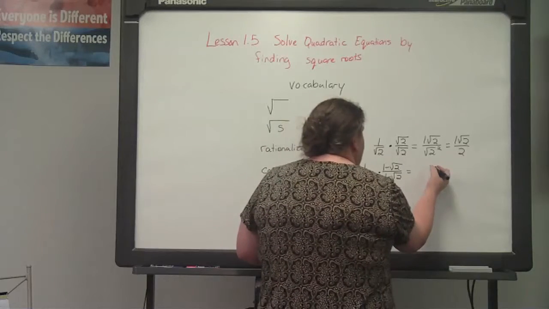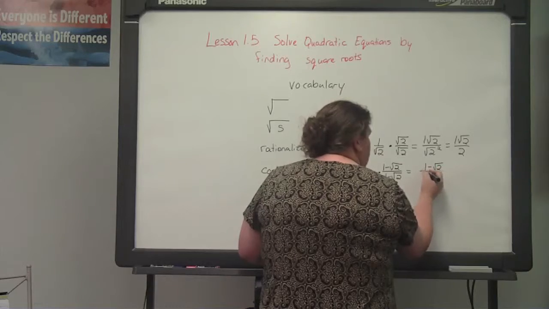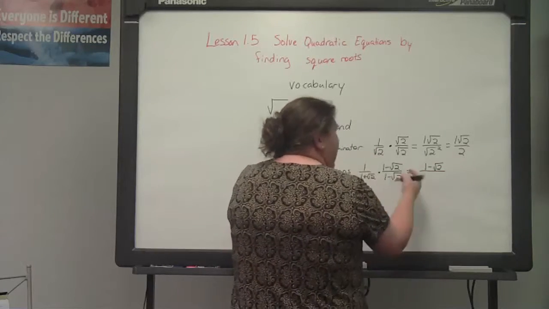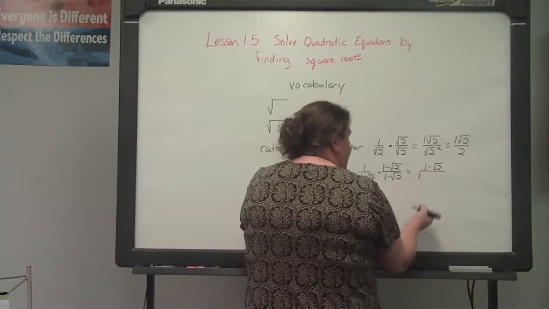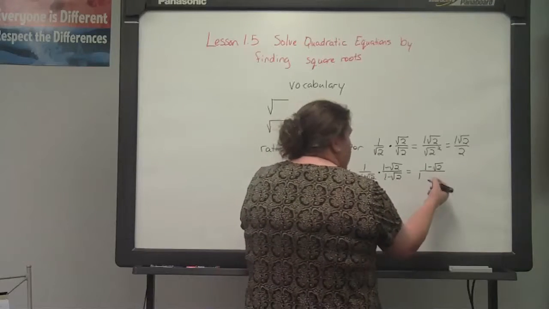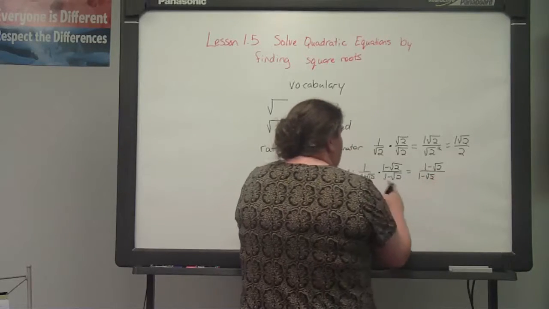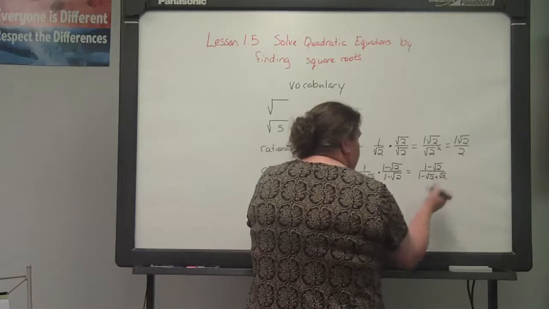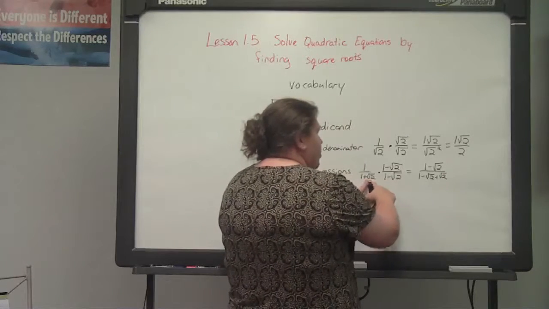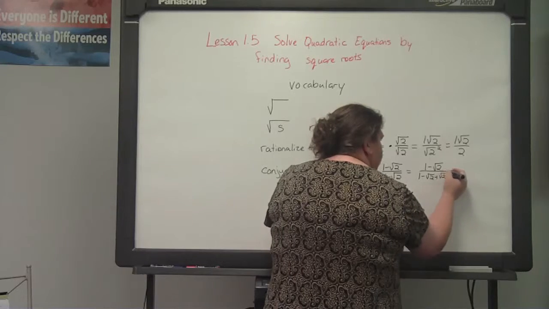And so we could say 1 minus square root of 2 over, again, I'm going to go ahead and show this. 1 times 1 is 1. 1 times a negative square root 2 is a negative square root 2. 1 times a positive square root 2 is a positive square root 2. And then square root 2 times a negative square root 2 ends up being a minus 2.